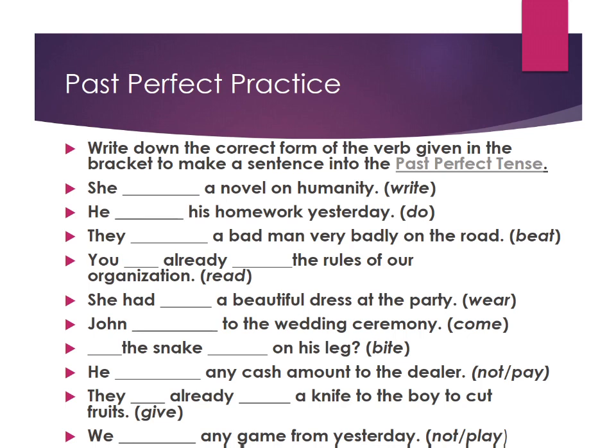The verb do or does is the first form, the second form is did, and the third form is done. So you need to use the verb done here. So he had done his homework yesterday. Similarly, they had beaten a bad man very badly on the road. She had worn a beautiful dress. John had come to the wedding ceremony. Like that, you would continue with the sentences.